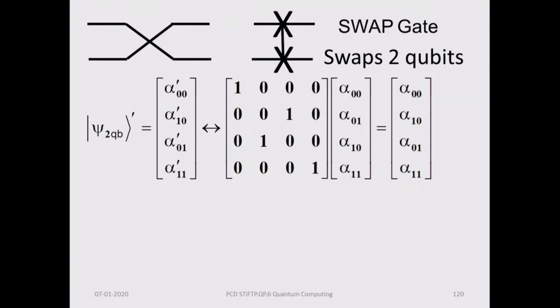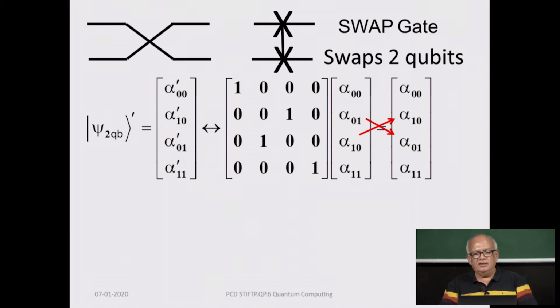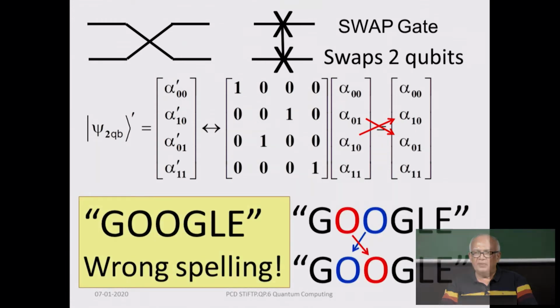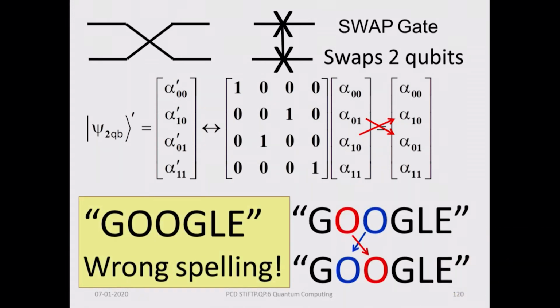Then there are other gates, swap gates, which swap 2 qubits. So, you notice that the 0 1 positions and the 1 0 positions are swapped, okay, and this 2 qubit gate is represented by the symbol which appears at the top of the slide, and it is not a trivial swapping like claiming that Google is spelled wrongly with 2 O's, which is incorrect because the first O should actually be in the second position and vice versa.